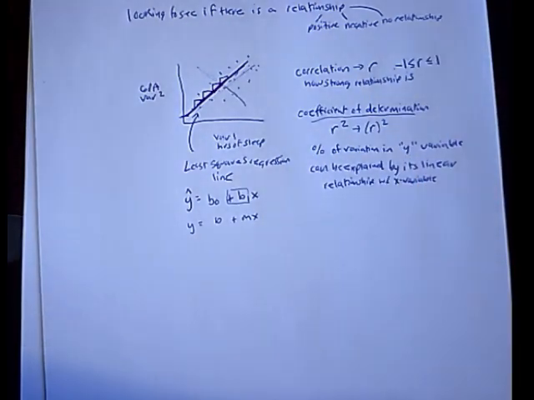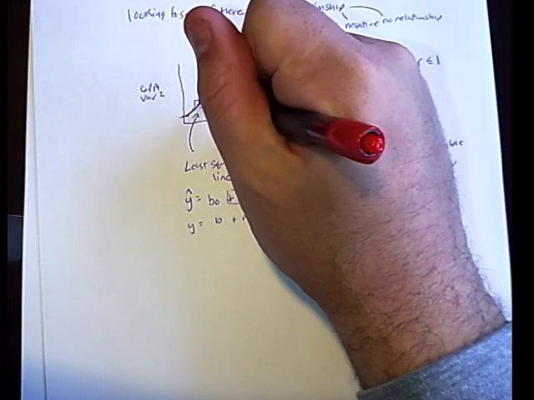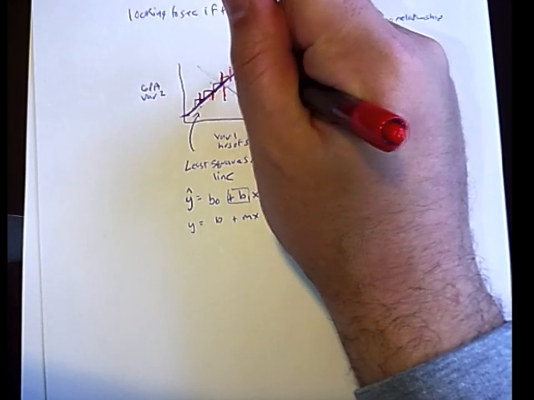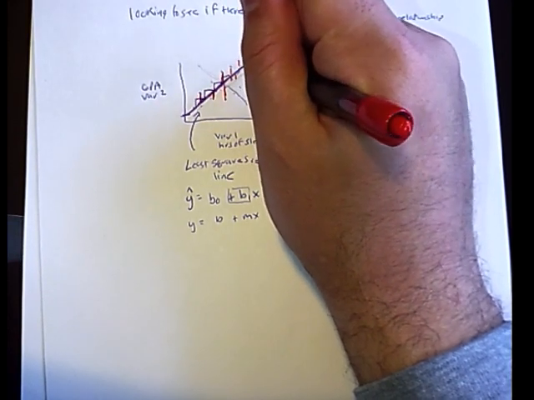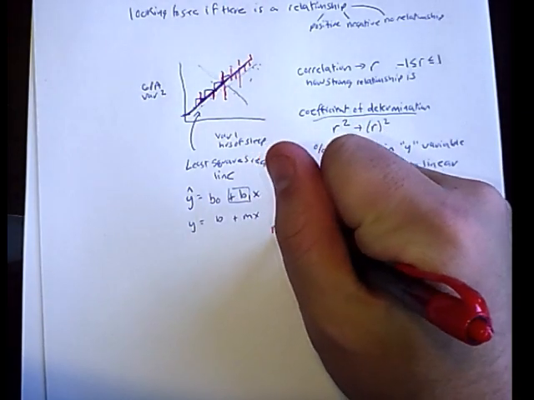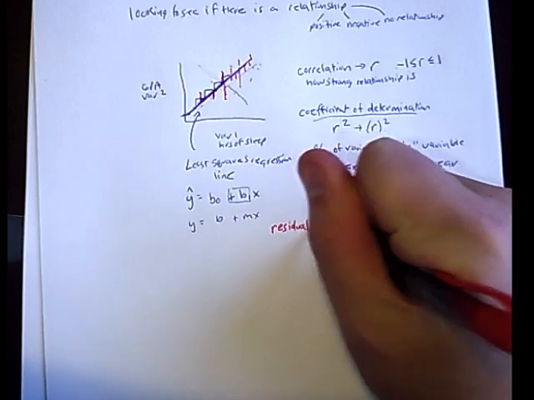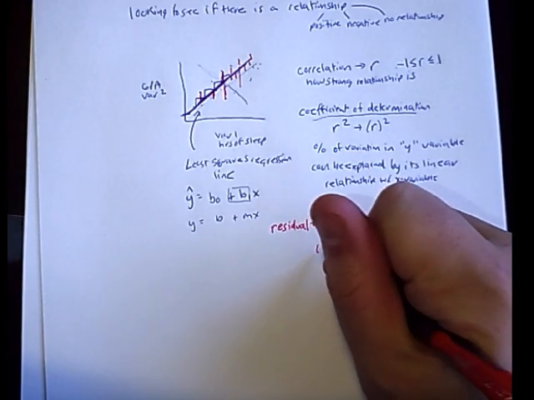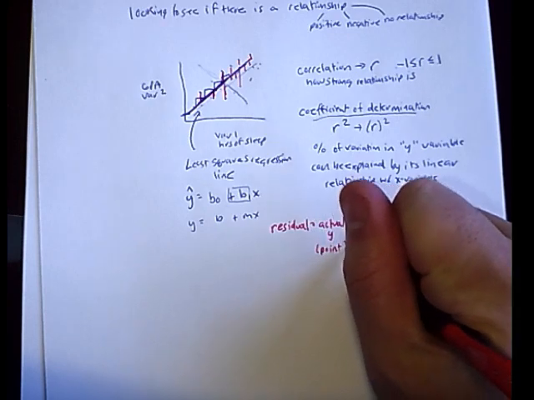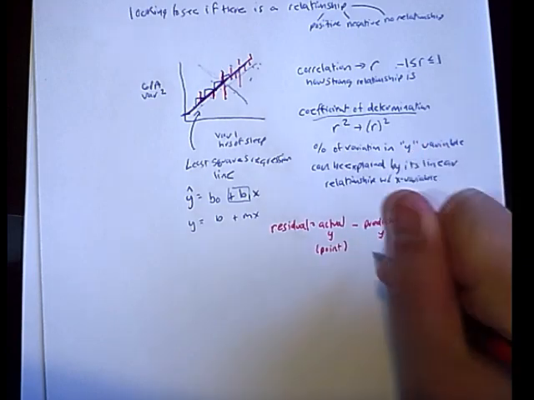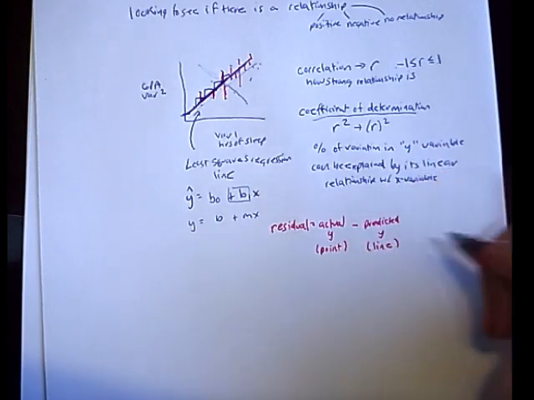And then we talked about these other things: if we take the vertical distance from each point to the prediction line, each point has its own residual. A residual is the actual y value, which we get from the point, minus the predicted y value, which we get from the line.